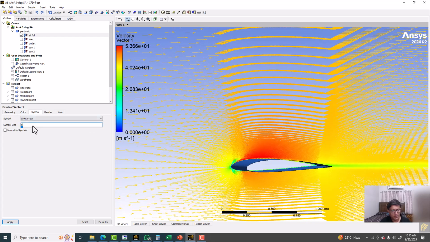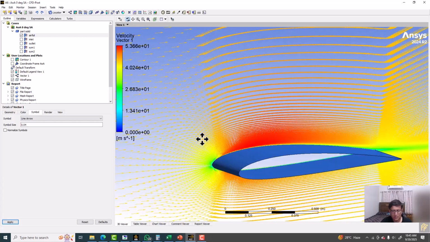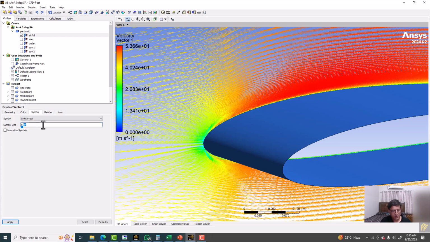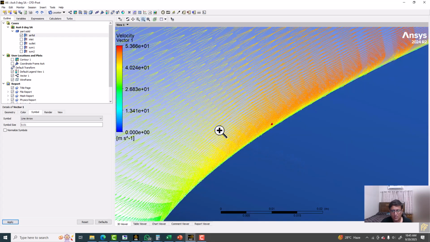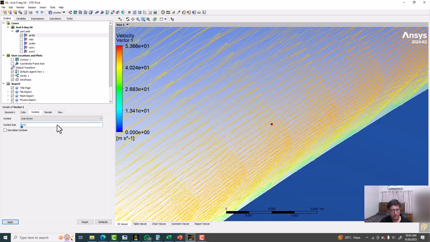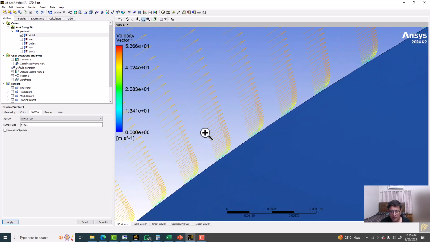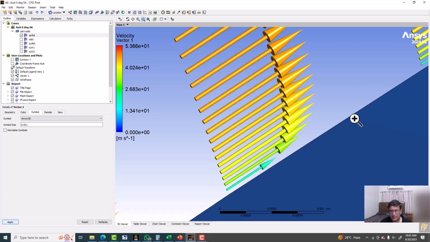Okay, let's make it 0.04. Okay, let's make it 0.01. Even less value. Okay, here let's make it the 3D arrow, like this one.